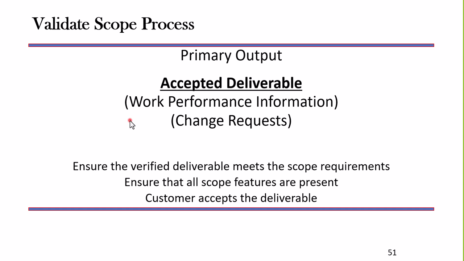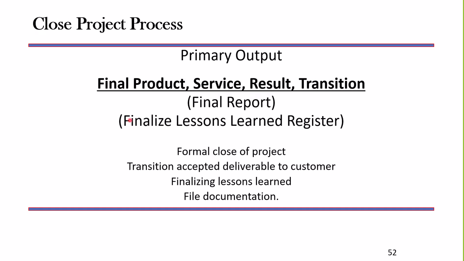It is good. We're ready to go with it. So, Validate Scope. Then that accepted deliverable, which is an output of Validate Scope, flows as an input into the Close Project or Phase process.